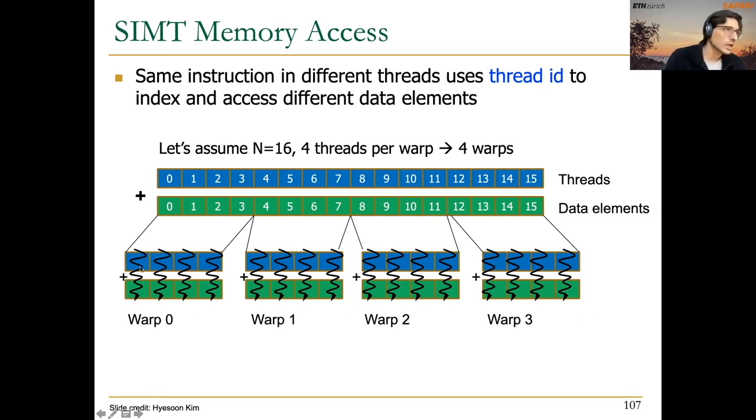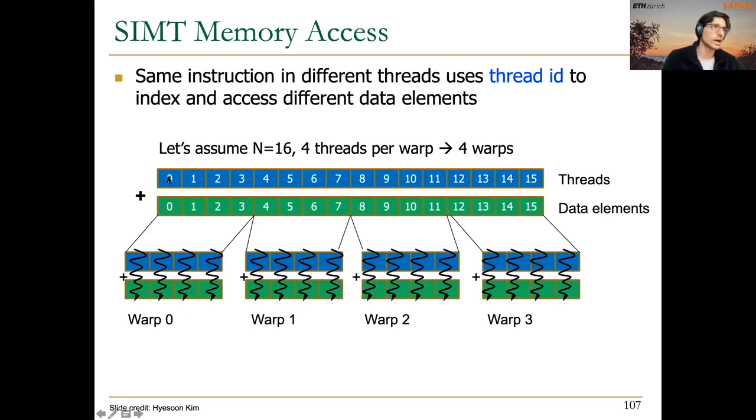And here, this is thread 0, thread 1, thread 2, thread 3, thread 4, thread 5, thread 6, and so on. So in my code, whenever I need to access the blue array or this green array, I will say, okay, access the element that corresponds to your thread ID.